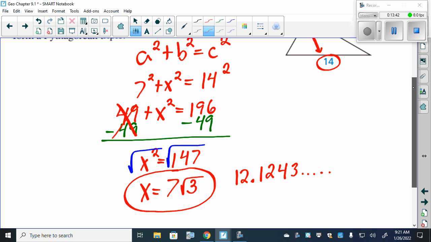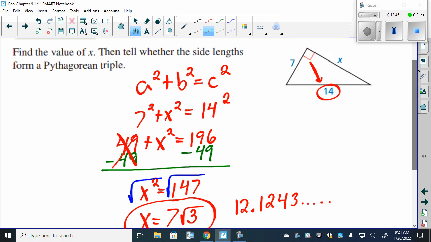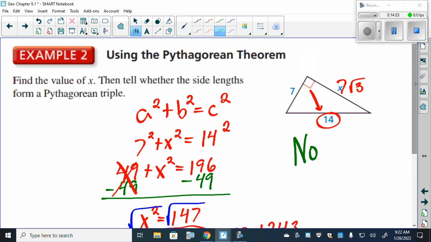Now, that tells us that the missing side here is 7 square root of 3, or approximately 12.1243, continuing on. So are these 3 Pythagorean triples? No. But what's also interesting is that, well, I'll write it up here, 12.1243.